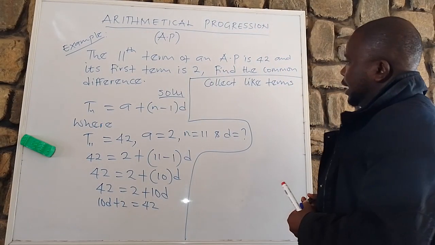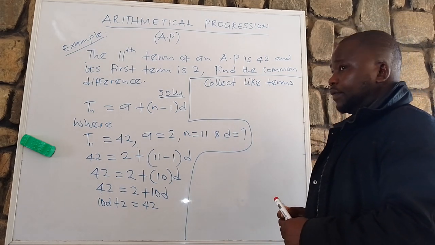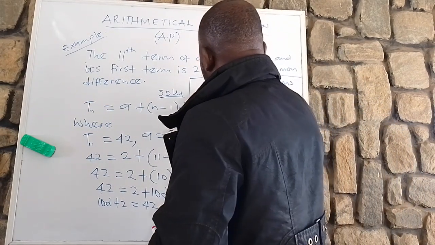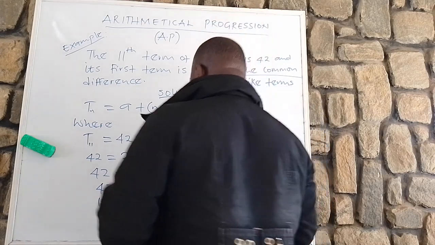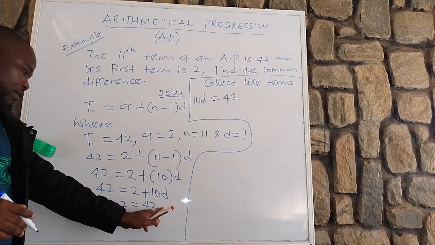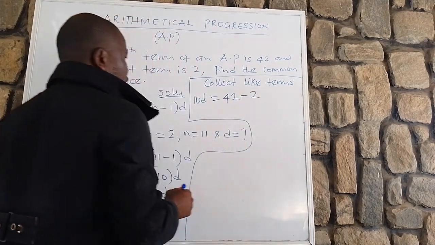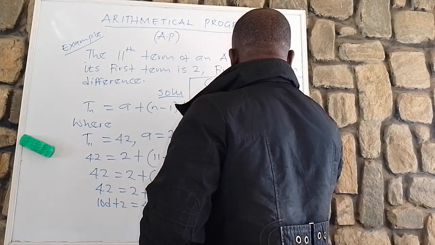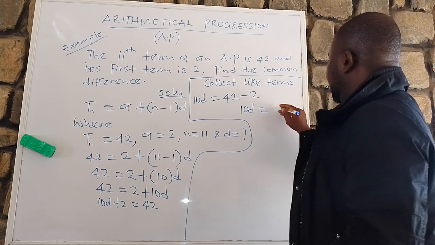If we collect like terms, it means 10d equals 42, and plus 2 will cross the sign of equality to give us minus 2.